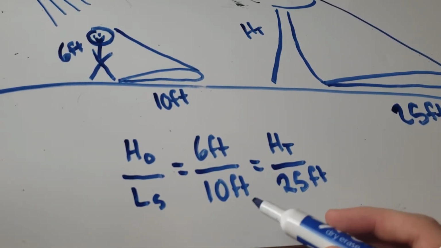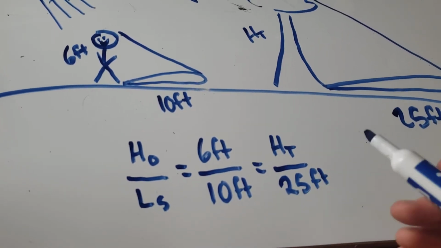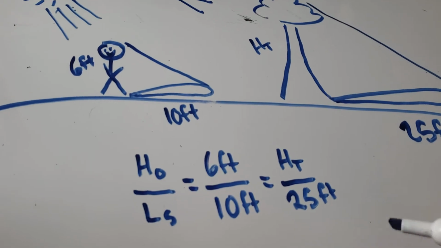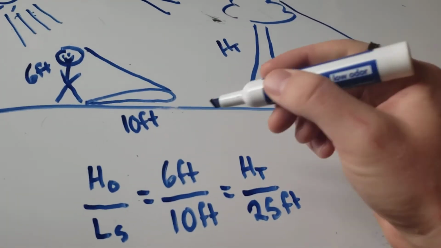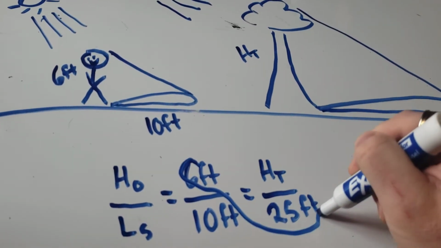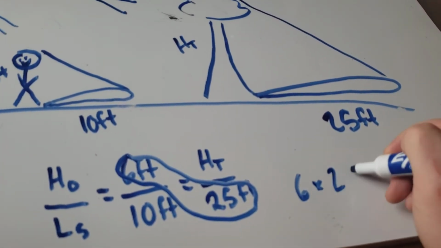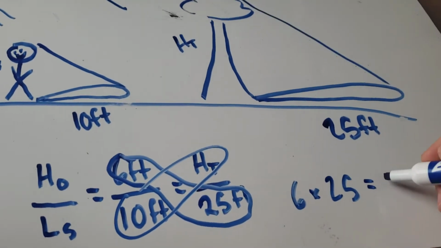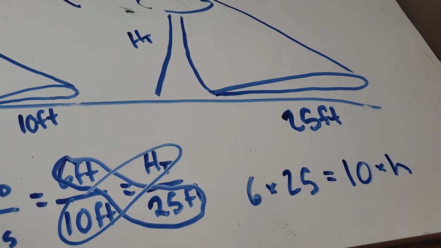Okay, first things first, we can look for a constant factor. 10 to 25, there's not a direct constant factor there. So you've got two other options. Remember, you can cross multiply. So let's go ahead and do that. Our first cross product would be 6 times 25 equals our second cross product, which is 10 times the height of the object.